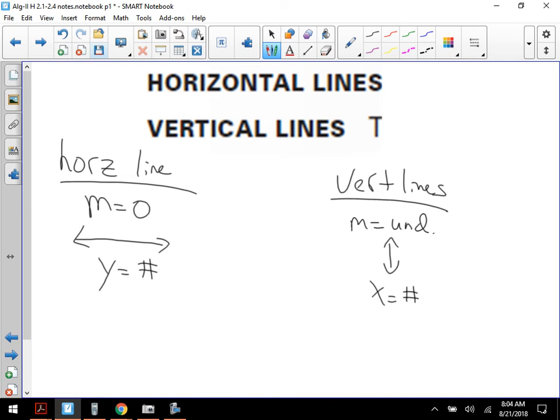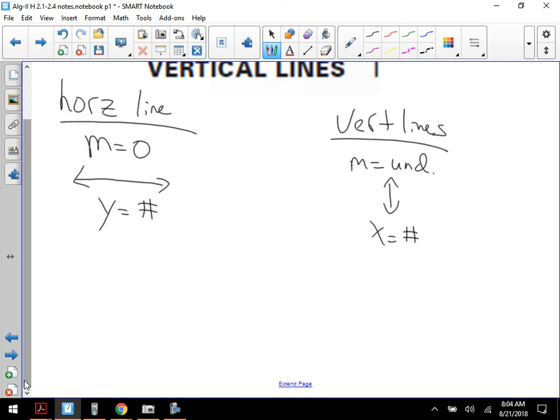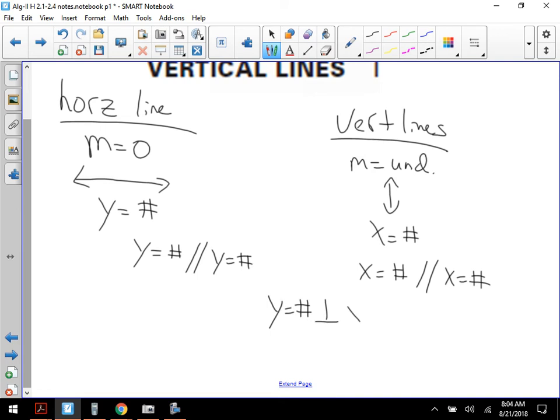So when you start thinking about the lingo of all this, y equals a number is parallel to y equals a number. X equals a number is parallel to x equals a number. But then y equals is perpendicular to x equals.